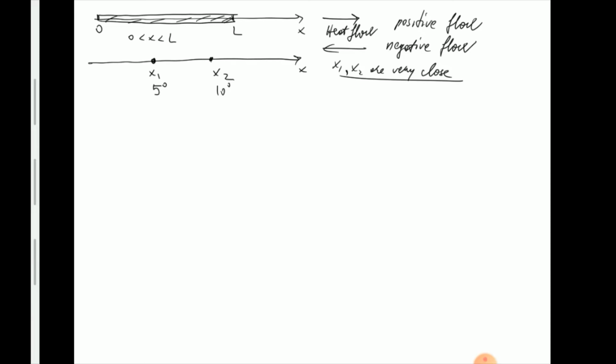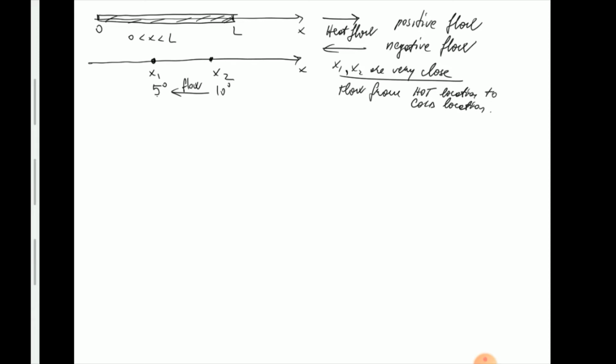Now notice that, remember, the heat flows from a hot location to a cold location. So obviously if this is 5 degrees and this is 10 degrees, then the flow of the heat is from right to left.